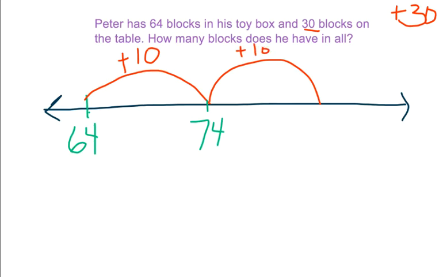Plus 10, 84, plus 10, 94. The answer is 94. 64 plus 30 equals 94.